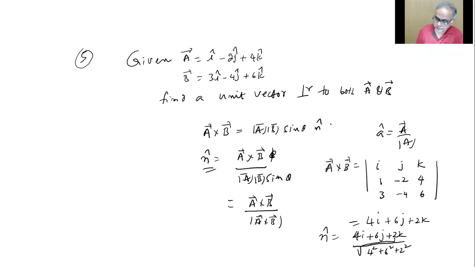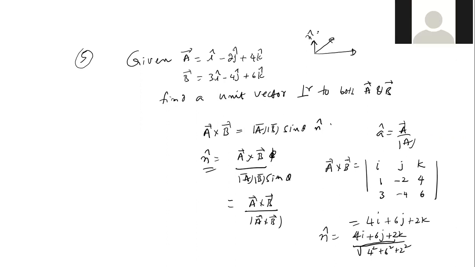That will be the unit vector which is perpendicular to both A and B. We already have shown it previously. If this is A, if this is B, we have an n cap like this, I told. That n cap we calculate.